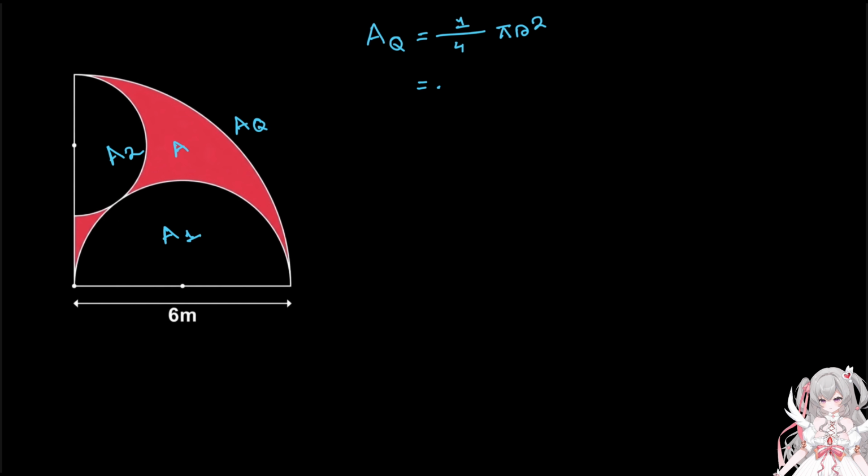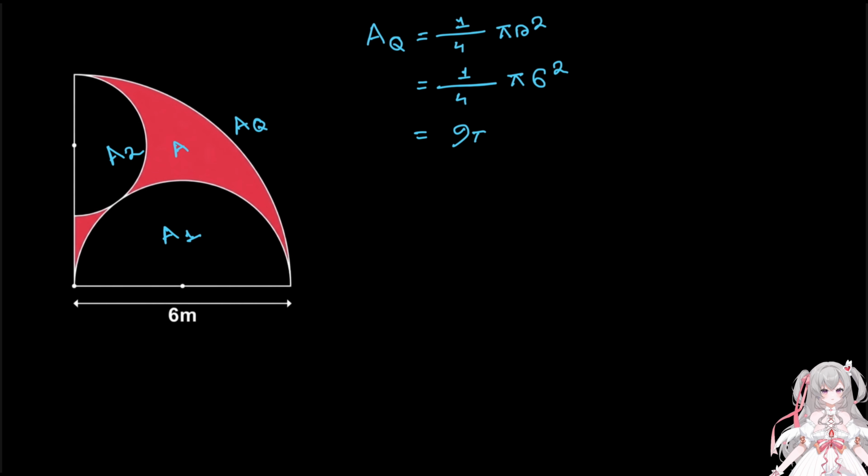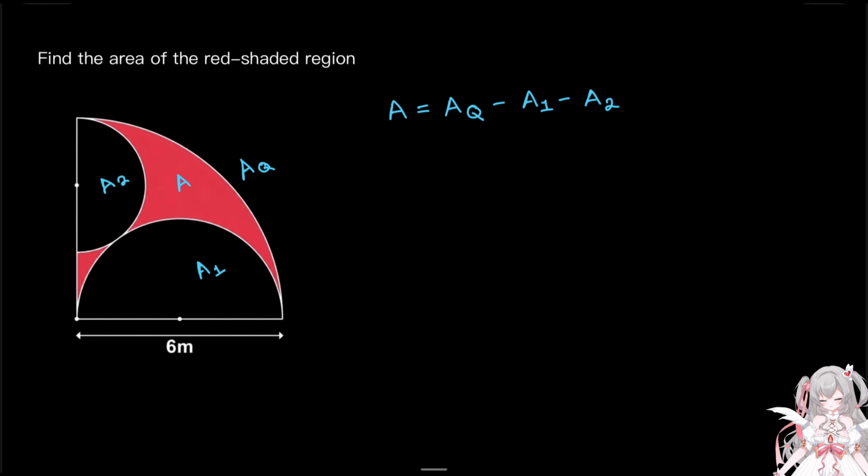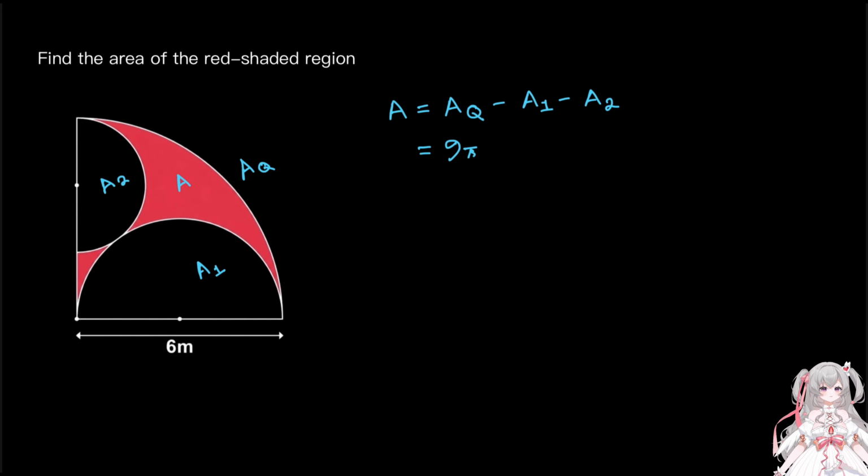Now, if we input the value of R, or the radius of this quarter circle, we get 6 squared. Simplifying, it gives us 9 pi, which is the area of this quarter circle. Substitute that here, and we're done finding the area of this quarter circle.